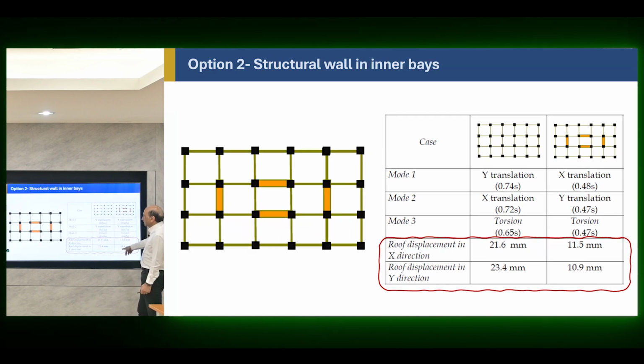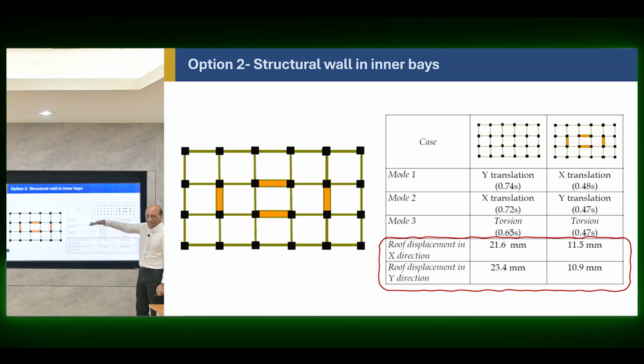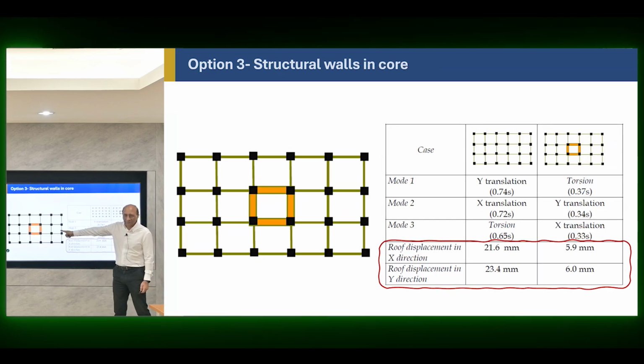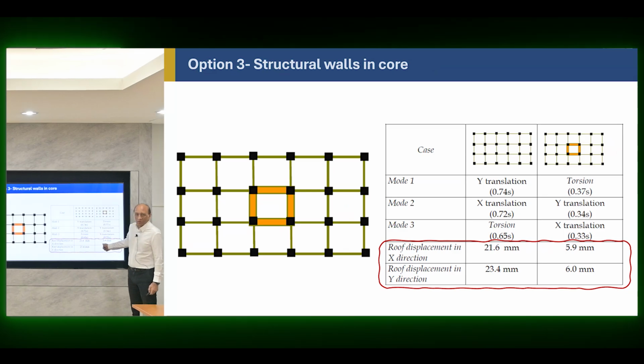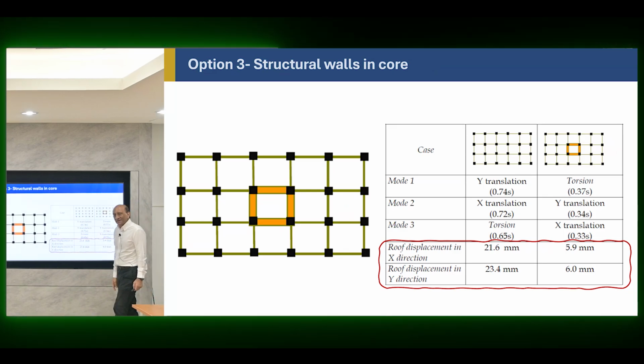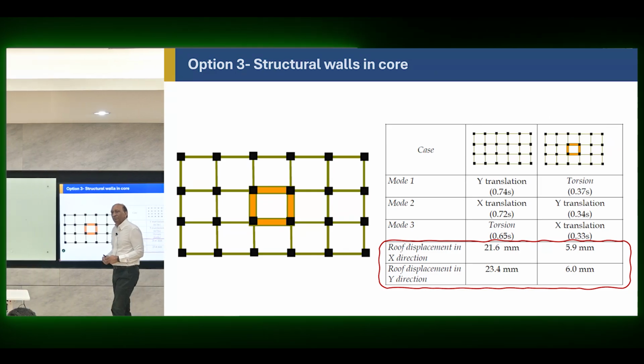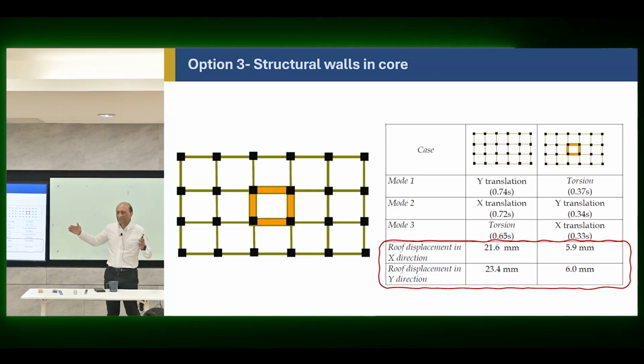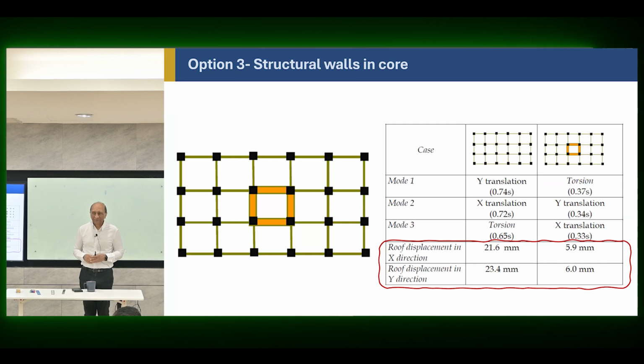If you move them inside, it's similar, it didn't change much. So that means as long as they are symmetrical and they are placed in the same amount in each direction, their stiffness effectiveness is similar. But if you put them as a core, look at that, almost 3 times now, the stiffness effectiveness has increased much more than putting the same walls in various locations.